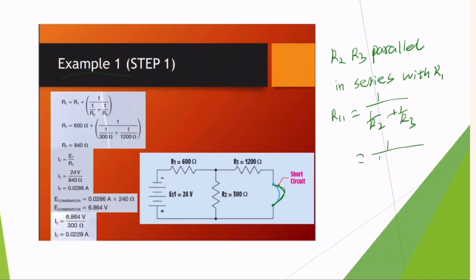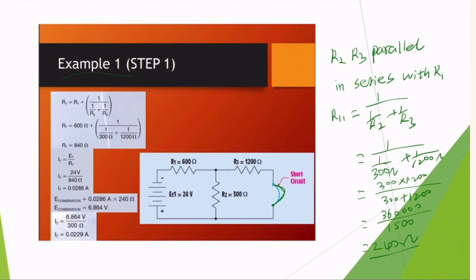That will be 1 over 300 ohms plus 1 over 1200 ohms. So the total will be 300 times 1200 divided by 300 plus 1200. That will give us 36,000 divided by 1500. That will give us 240 ohms. So that's the resistance for this part.